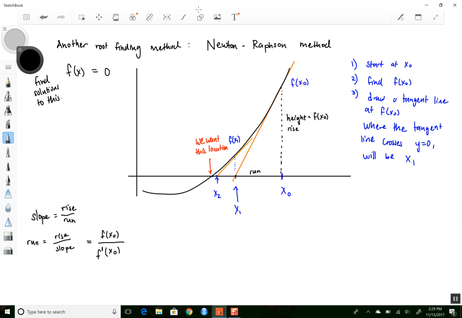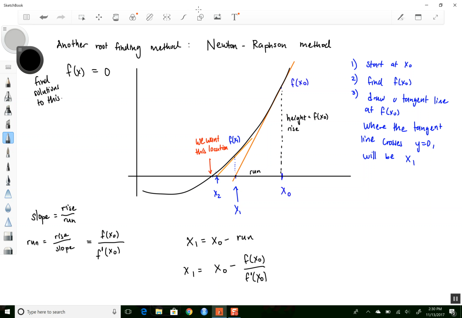Is this okay? Then x1 is going to be equal to x0 minus the run, so we have x1 equal to x0 minus f of x0 divided by f prime of x0.